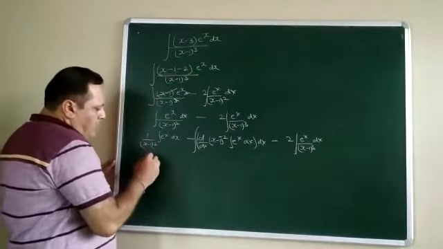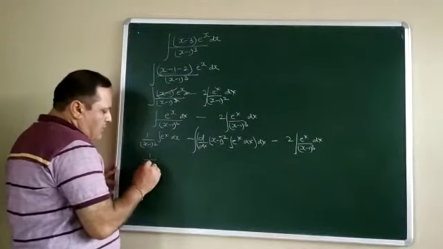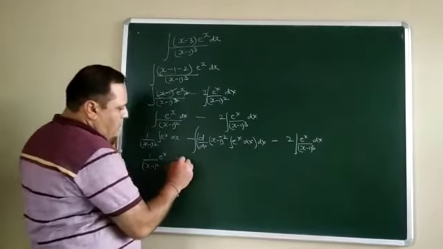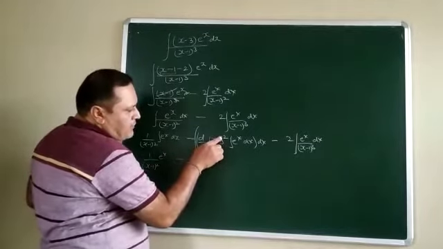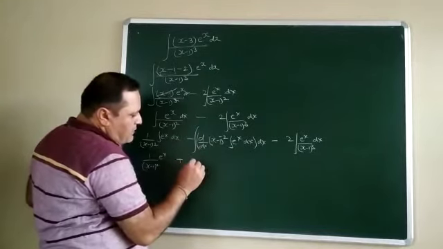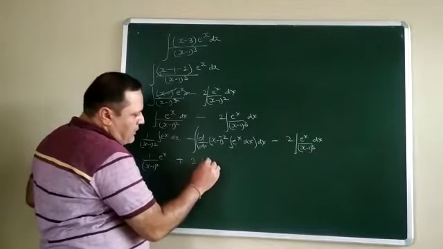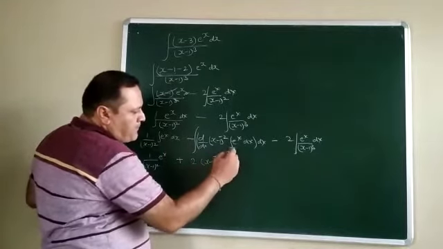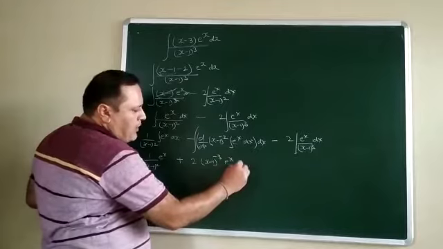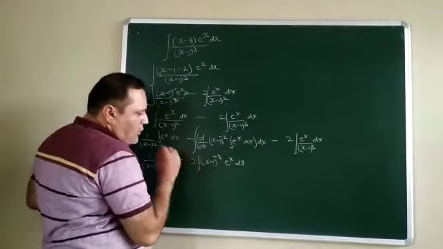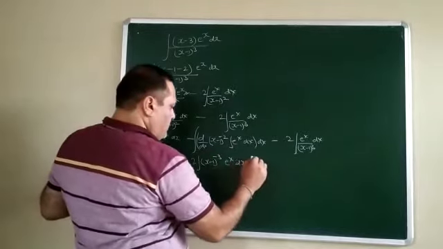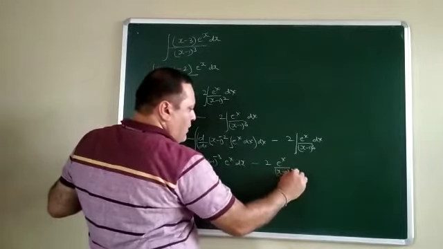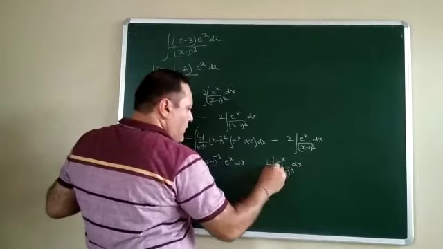Now see this one, 1 upon (x minus 1) square, e to power x integration. When you take the derivative, this minus will be transferred, minus minus plus 2, it is (x minus 1) to power minus 3 and derivative of x is 1. Integration of e to power x along with dx, whole integration, minus 2 e to power x upon (x minus 1) whole cube along with dx.